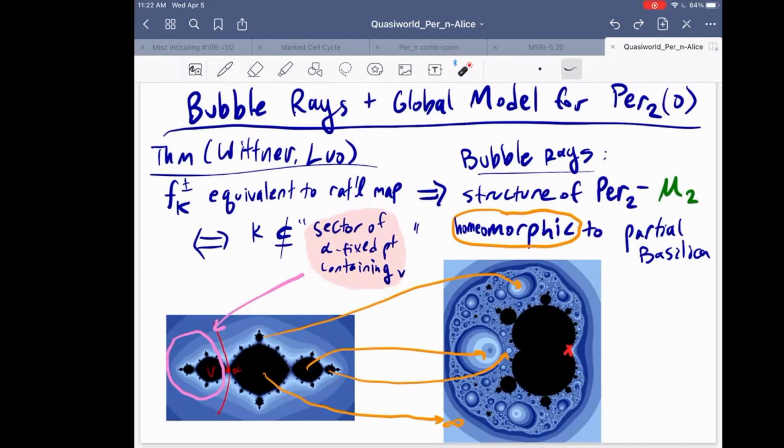And we have several components, 2 in this case. The sector of the alpha fixed point containing V is the connected component of the Julia set minus the alpha fixed point that contains the critical value. So that's this entire side. And if you do that, there's a Levy cycle you can find not too difficultly. If you do try to do a capture on this other side, it's a little bit more intricate, but you can show that it's actually unobstructed.